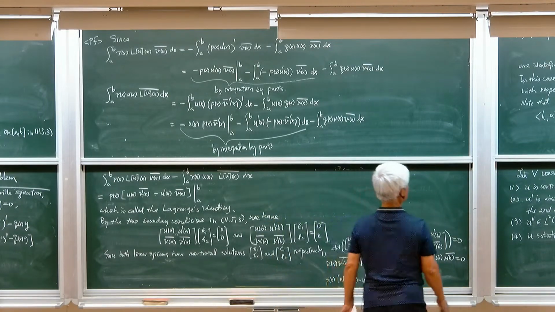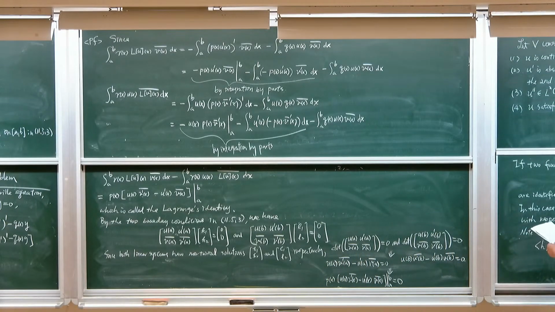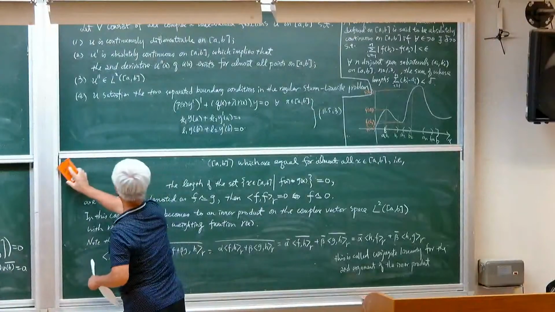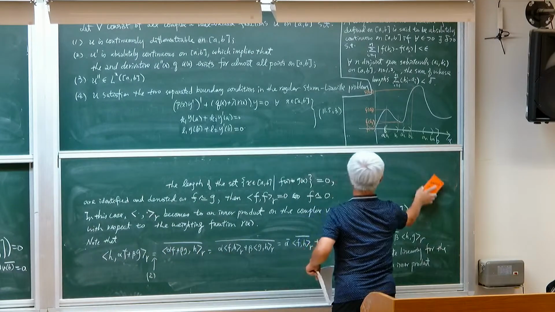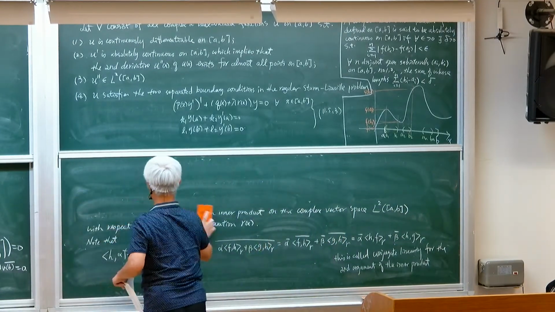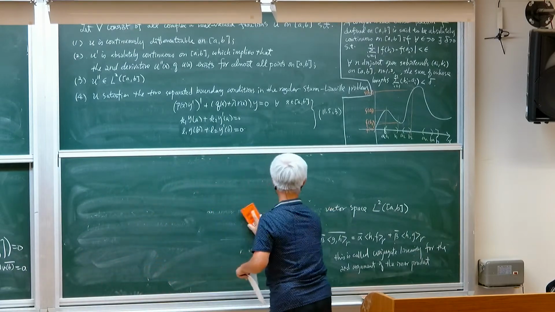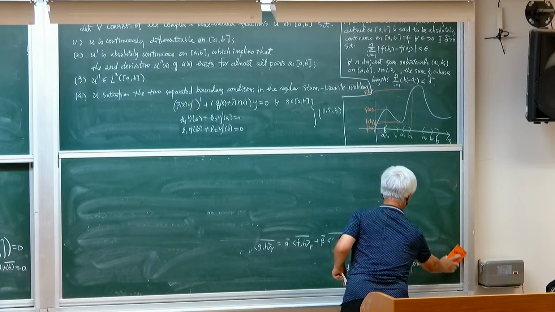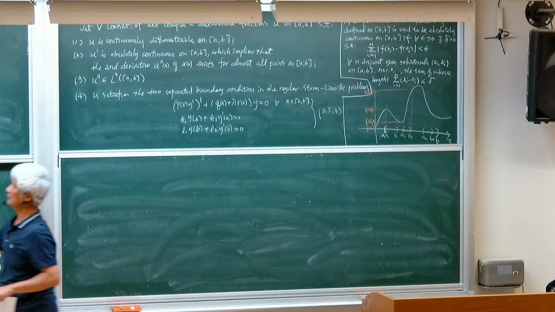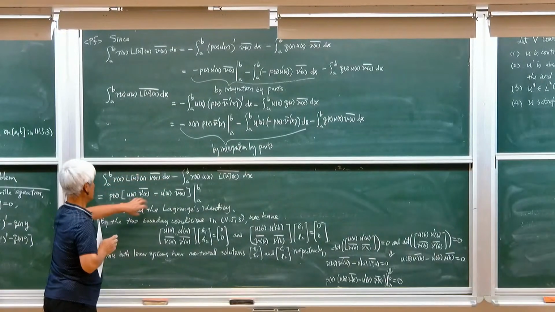And so the right-hand side of the Lagrange identity is equal to 0.